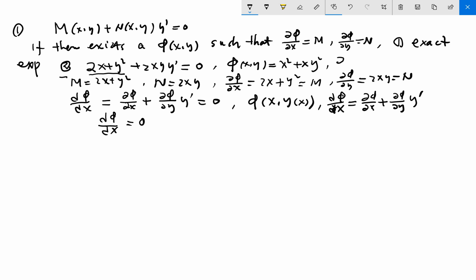Okay. What does that mean? That means phi must be a constant, right? Phi of x and y, which for this case is x squared plus xy squared, equals a constant. And in fact, this is our solution.